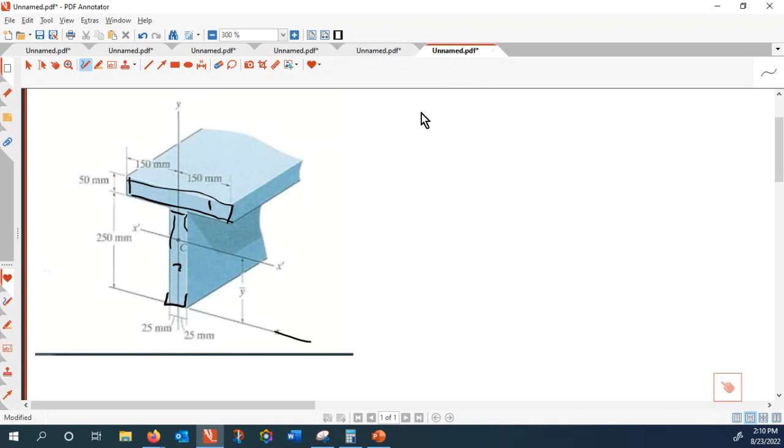So in the tabular way, you can calculate y bar by writing: what is the y bar of the first shape? It is 250 plus 25, that is the center of this one, multiplied by the area.